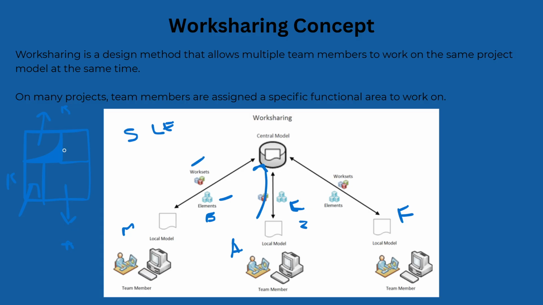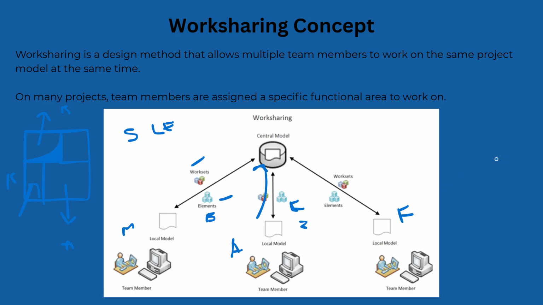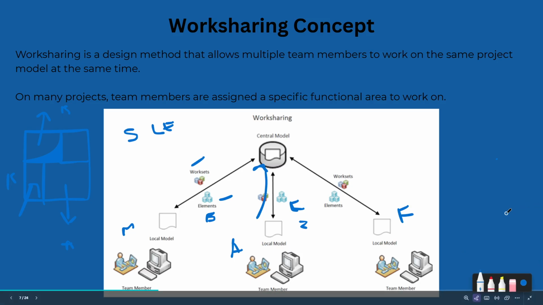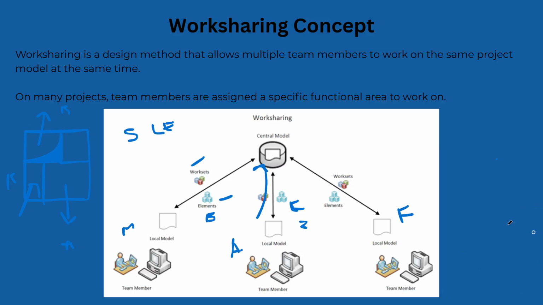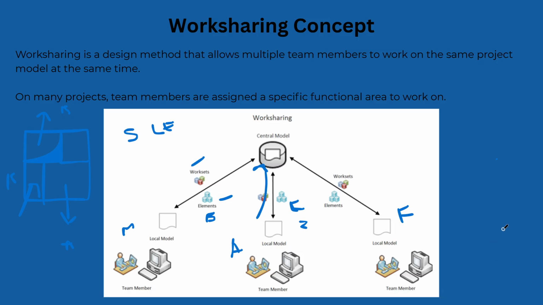Sorry, go on. I have a question. Can they talk while doing this work sharing? We get pop-ups: if you are accessing elements someone else is editing, Revit will give you a pop-up that you can't edit the elements because Arjun is currently working on them. You can see the names of the people working on those elements in the central Revit model.